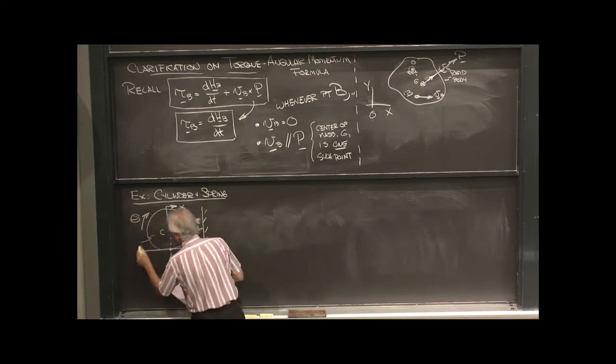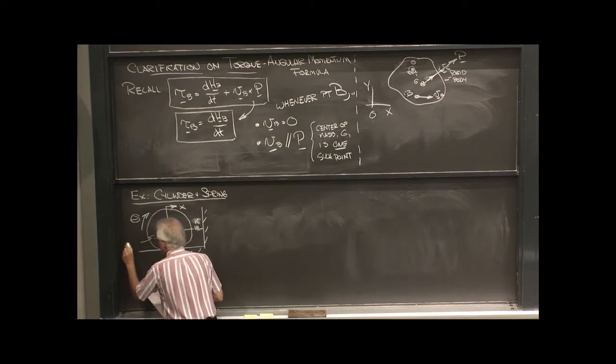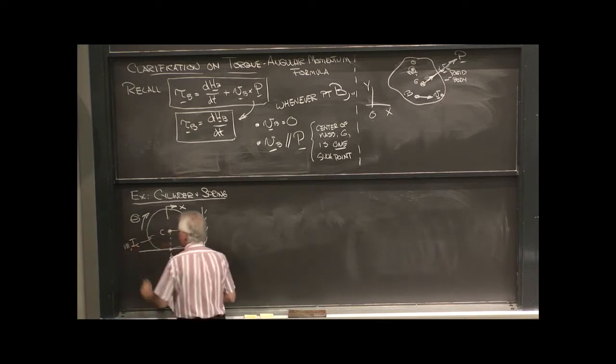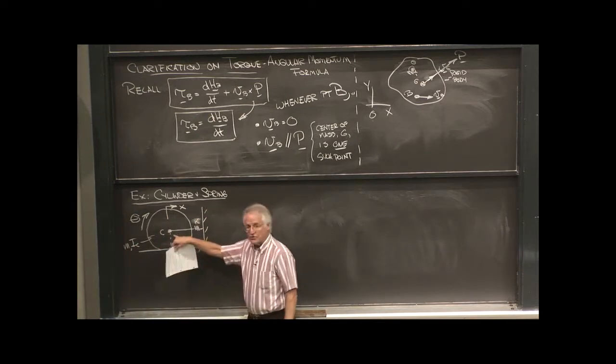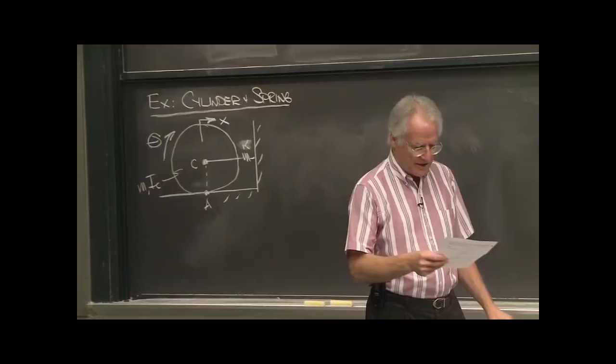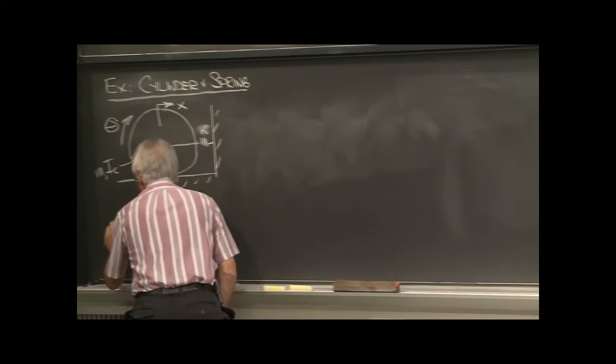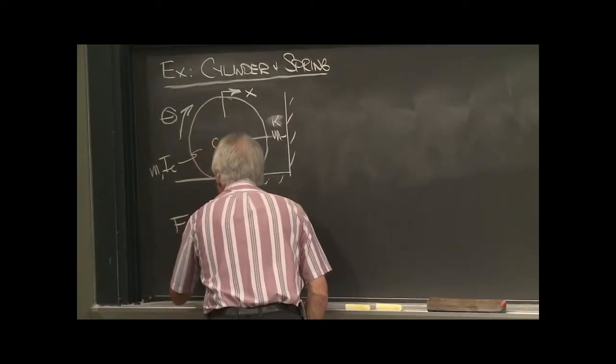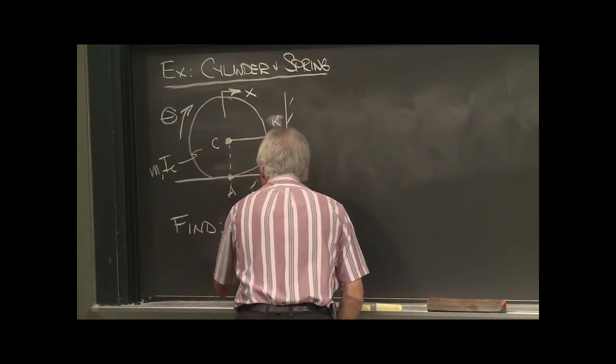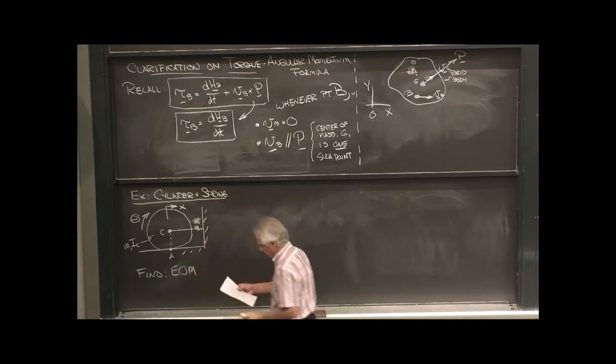And we're going to say this has a mass M and a moment of inertia measured with respect to the center of mass. What I want you to do is find the equation of motion.